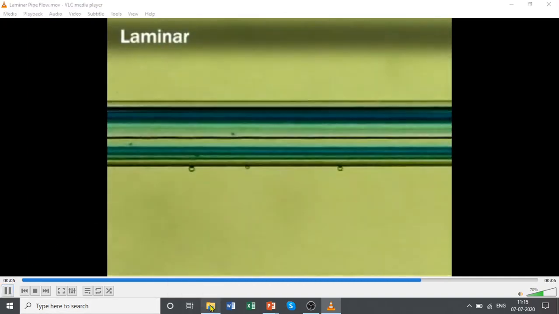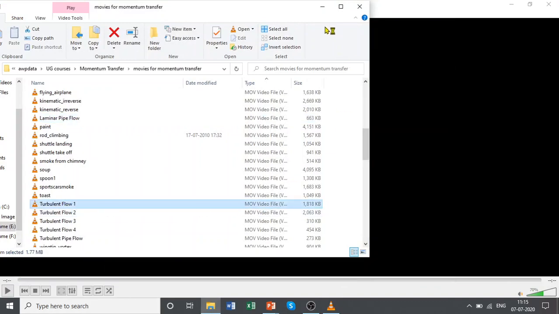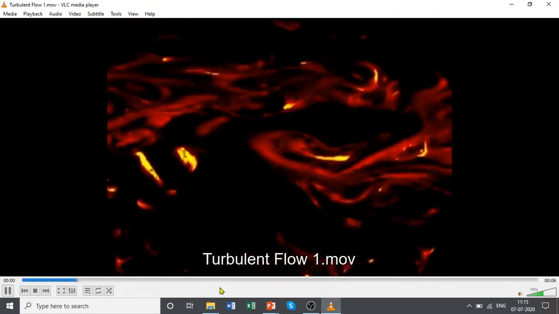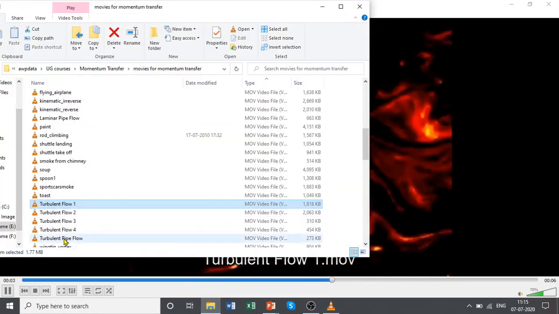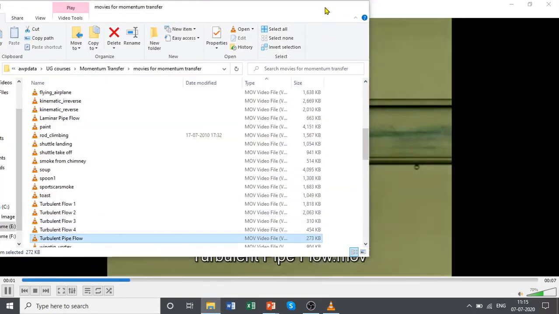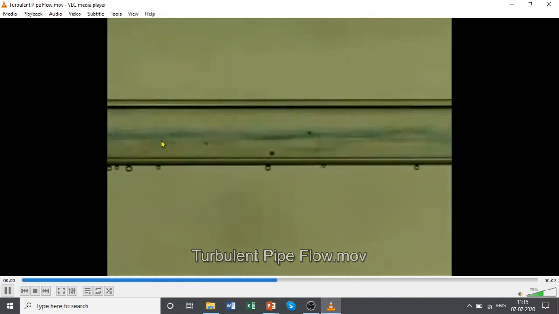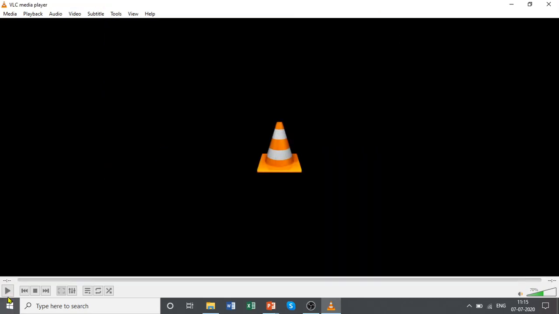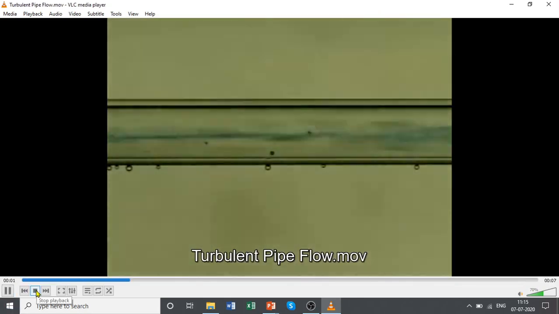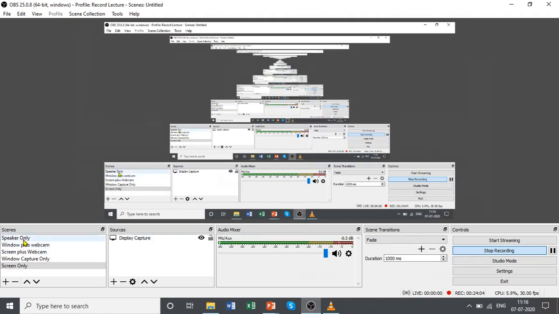And even when we saw turbulent flow, turbulent pipe flow, you can see that there are packets of fluid going from one place to another place. So if I say that there is one layer sliding over another layer, that's friction.